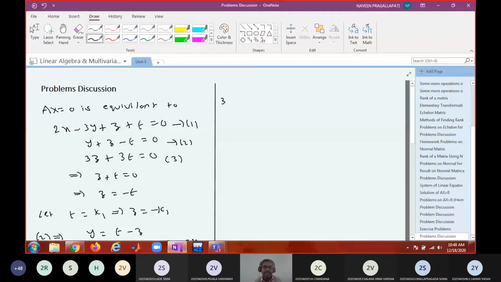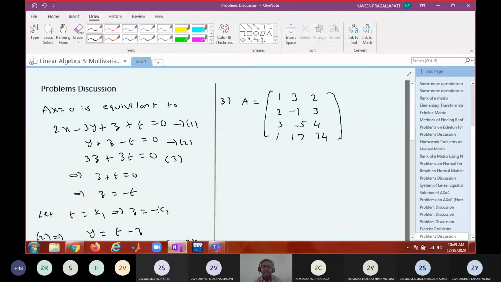The coefficient matrix is: first row 1, 3, 2; second row 2, minus 1, 3; third row 3, minus 5, 4; fourth row 1, 17, 4.